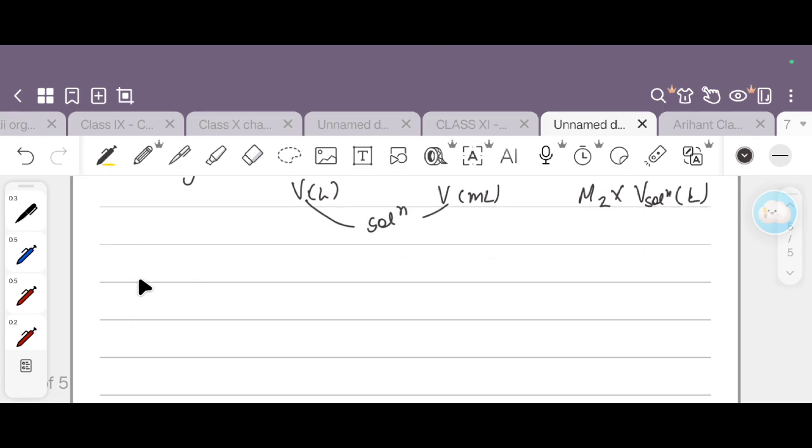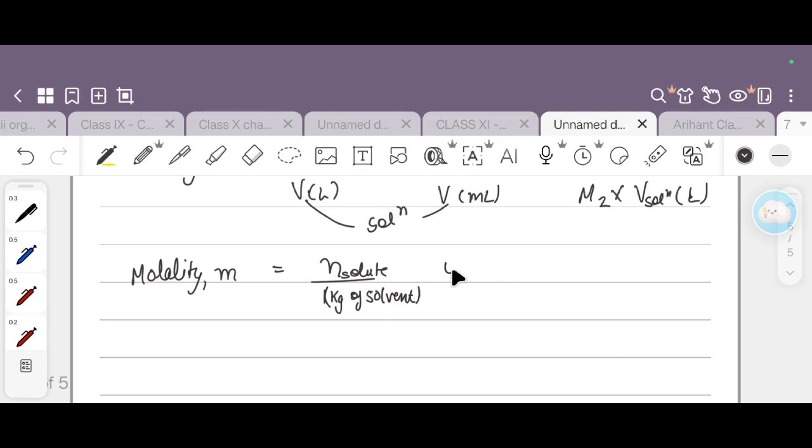The next term is molality, represented by small m, defined as the number of moles of solute present in 1 kg of solvent.